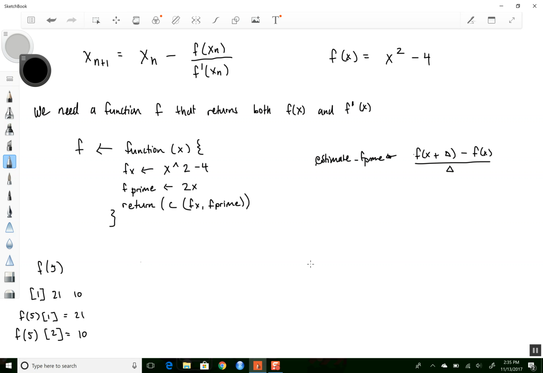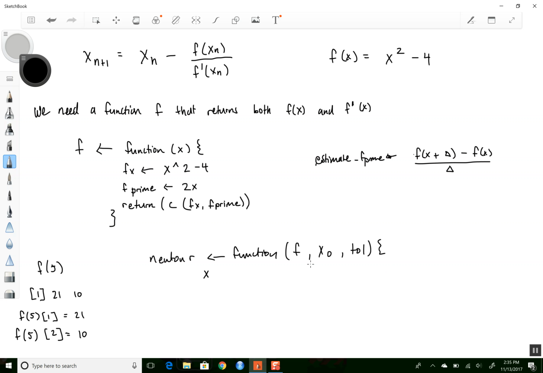Okay, so anyway, we have our function f, and now let's do our Newton-Raphson. Newton R will be a function of f, and then we need an x0, and then a tolerance as well. And then all we do is exactly what we said we were going to do.